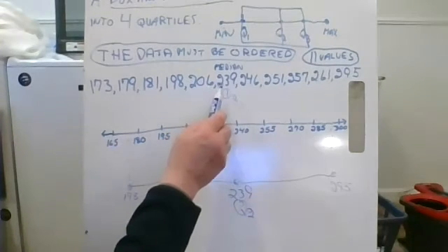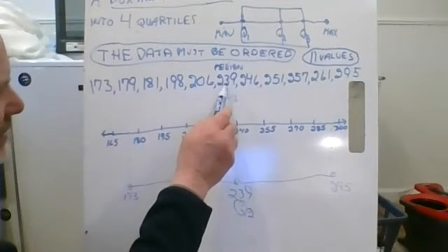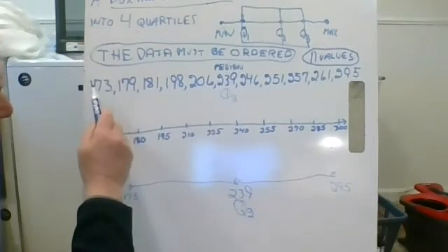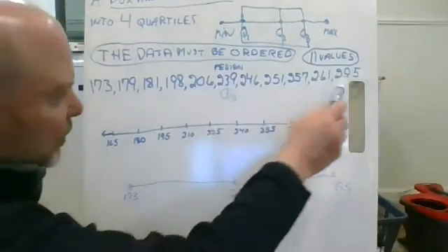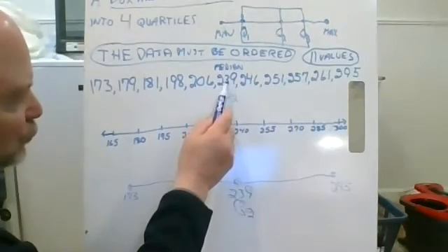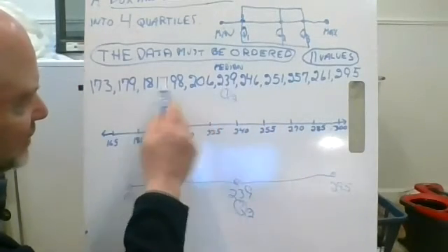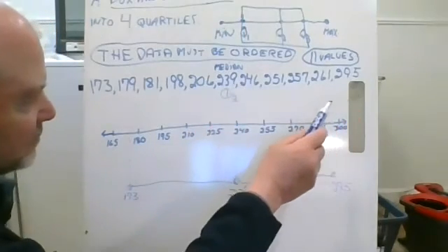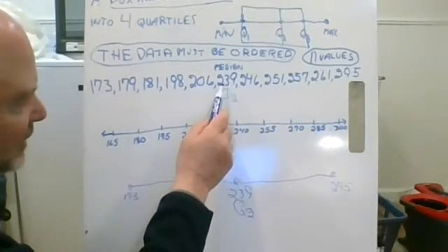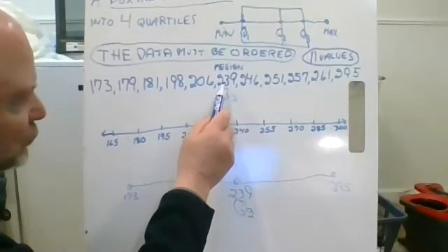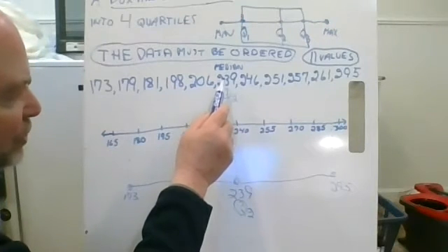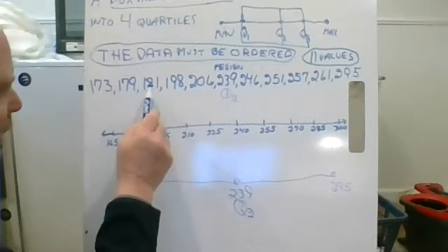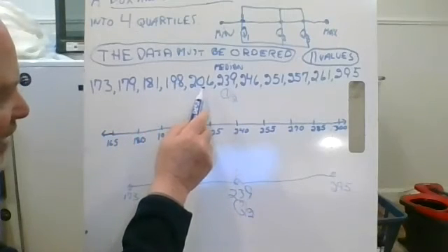Now, what that does is it takes the data and organizes it into the lower half and the upper half. The values to the left of the median, the values to the right of the median. Okay? Now we're going to take the values to the left. You don't include the median. You look at these values, 1, 2, 3, 4, 5.